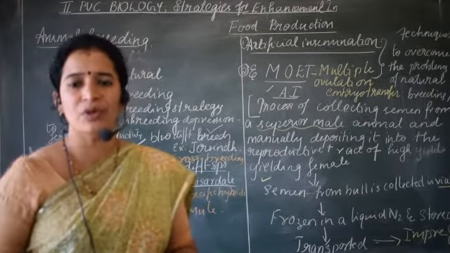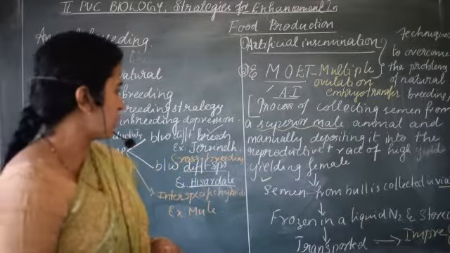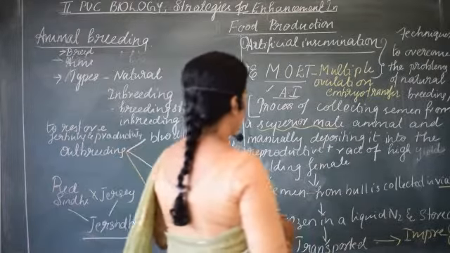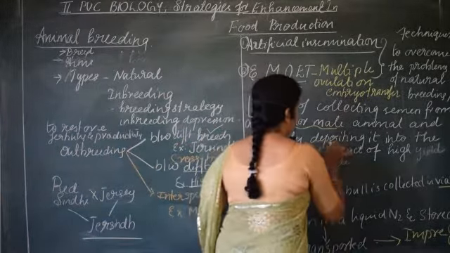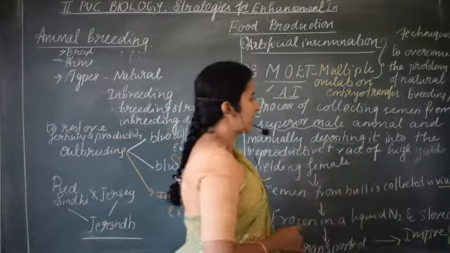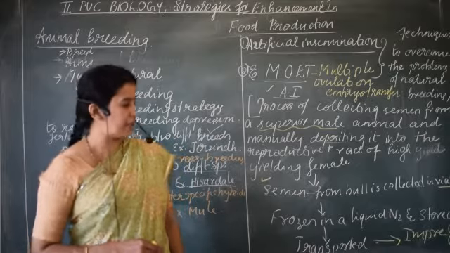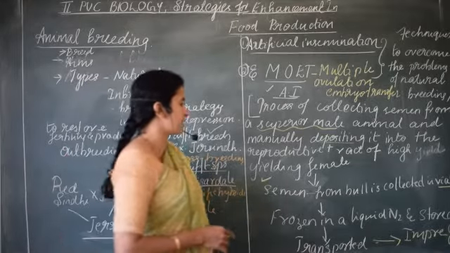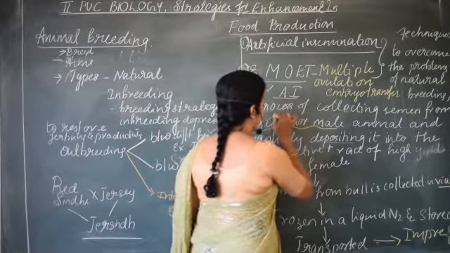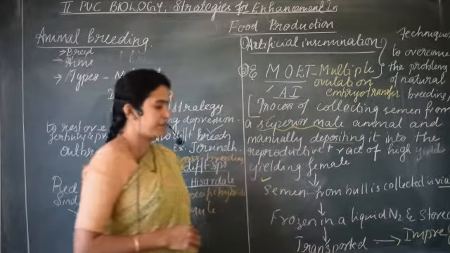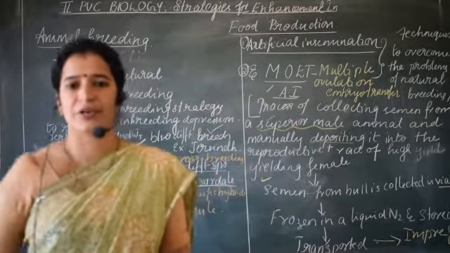We can do the breeding by the normal method, or artificially we can deposit the semen during the exact period with the help of this artificial insemination technique.